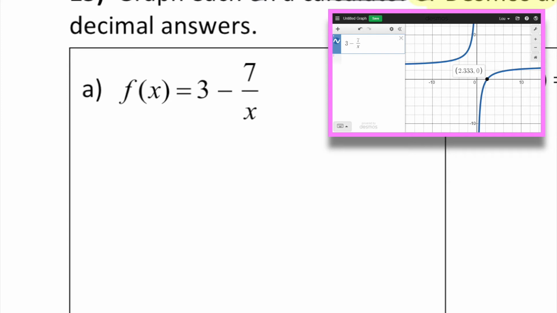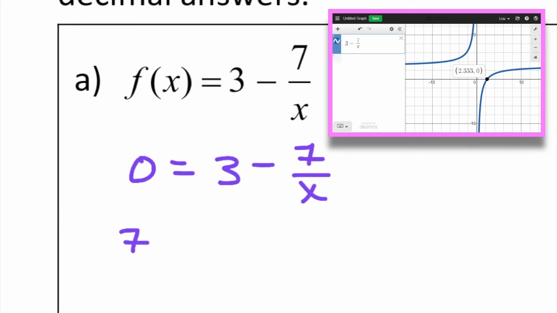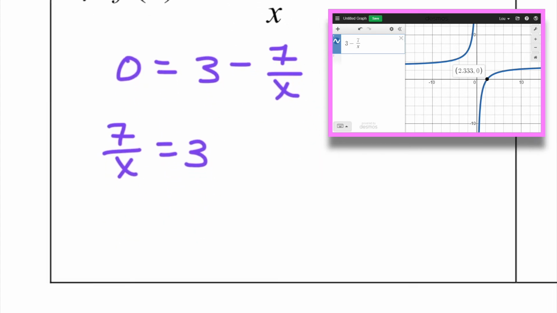So moving along, remember that algebraically you're still doing the same thing that you did immediately above. You're going to change f of x to 0, and then you're going to solve this equation. So here I would add 7 over x to both sides. So you have 7 over x equals 3. And then I would multiply both sides by x.